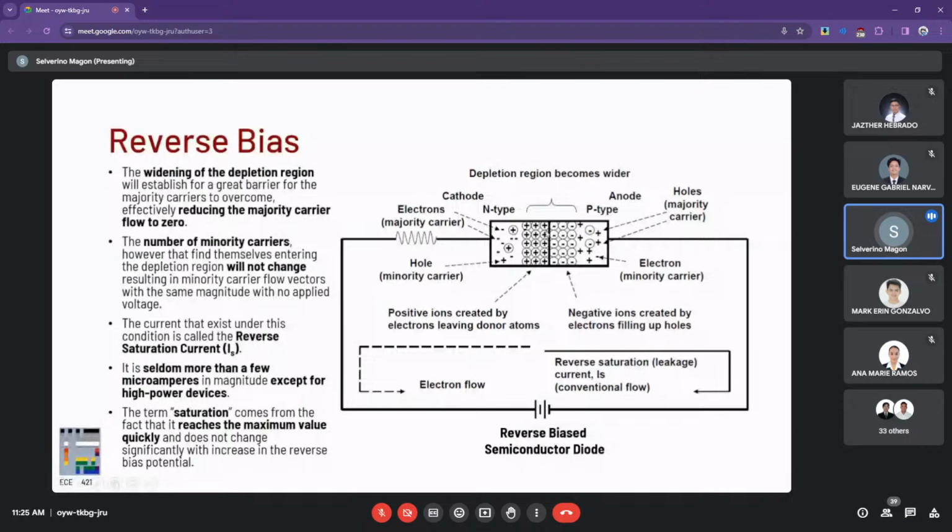The term saturation does not apply here, because there is a specific condition in semiconductors where we can use the term saturation. But we can see that the entire region is filled with charges already, so it's totally blocking.